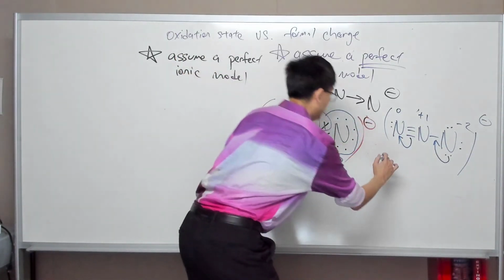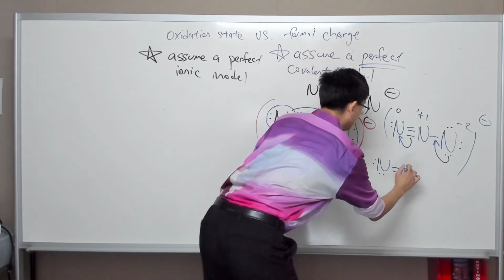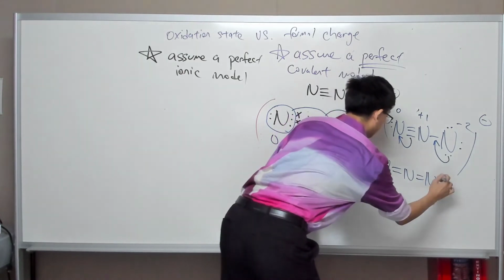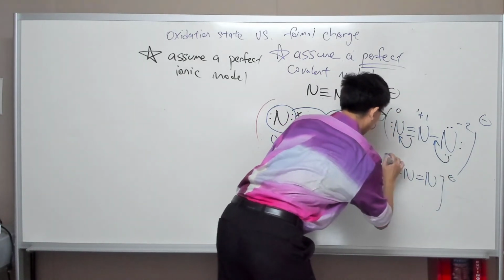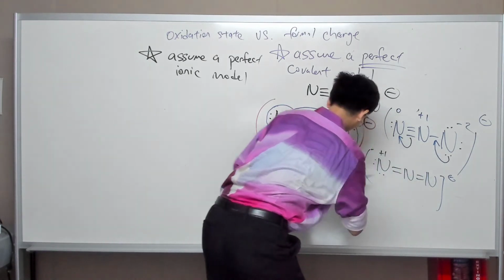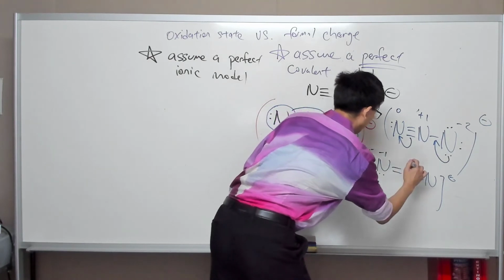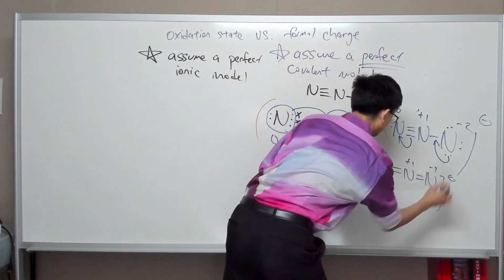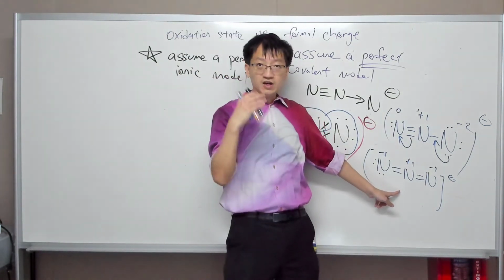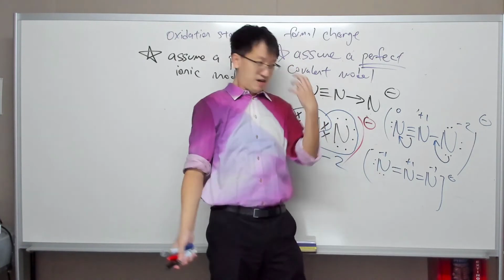Now when we draw out a new Lewis structure of azide, it looks very nice: we have -1, +1, and -1. This would be the Lewis structure which best represents azide.